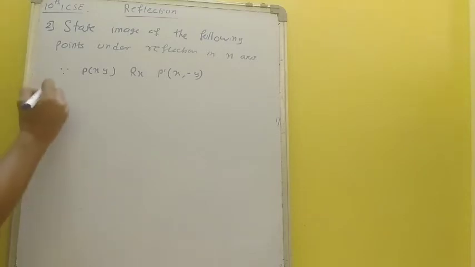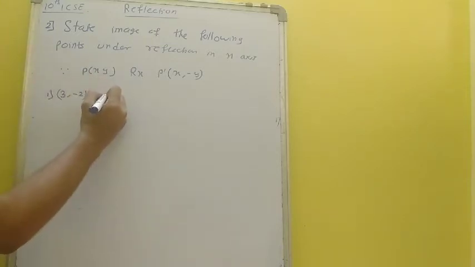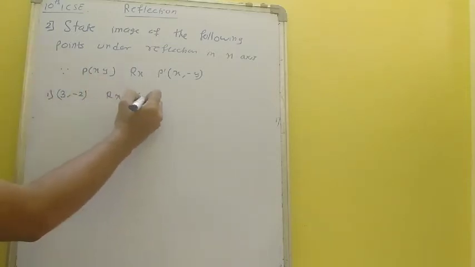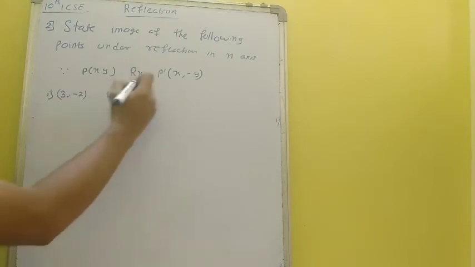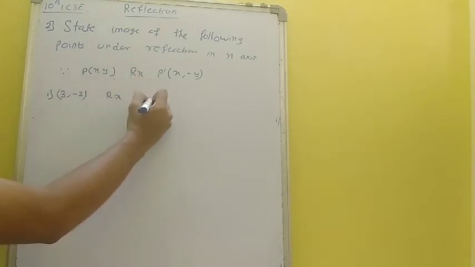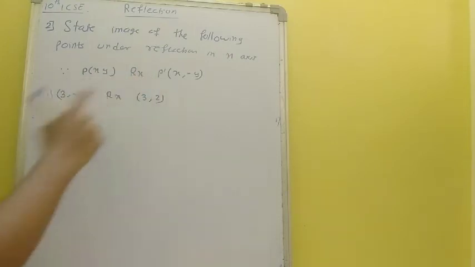So the very first question is 3, -2. Its reflection in x-axis will give 3, 2. Minus 2 will become 2, the sign will change of y coordinate.